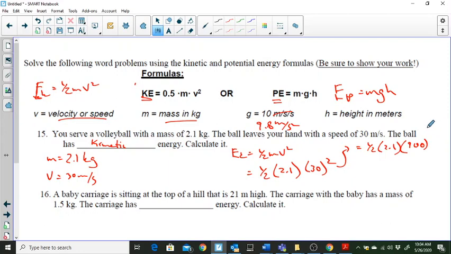We have to do that first. Don't forget, you have to remember BEDMAS. So now we just have to go 1/2 times 2.1 times 900, and we get a value of 945.